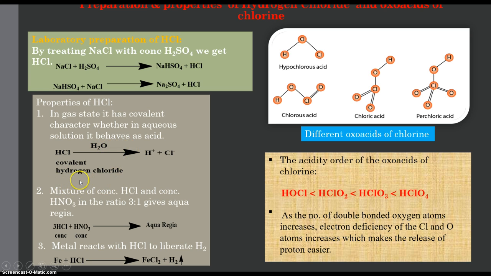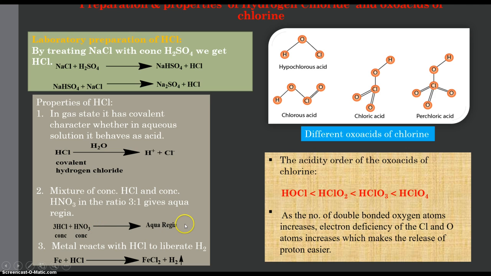Now if we take a mixture of concentrated hydrochloric acid and concentrated HNO3 in the ratio of 3:1, we get a solution called aqua regia. Aqua regia is obtained by mixing 3 moles of hydrochloric acid and 1 mole of concentrated HNO3.